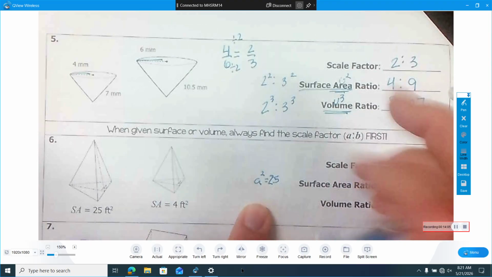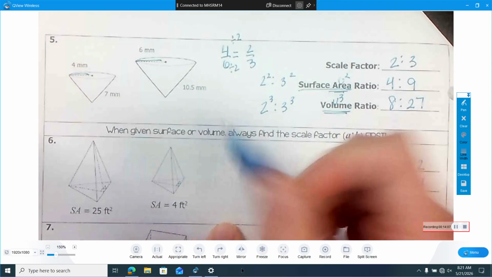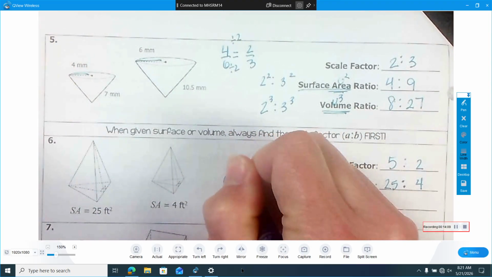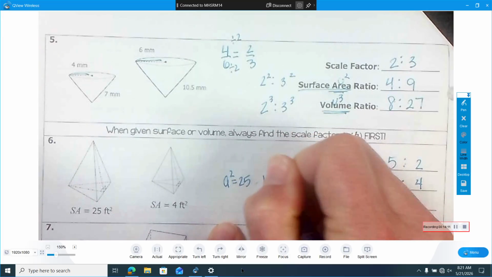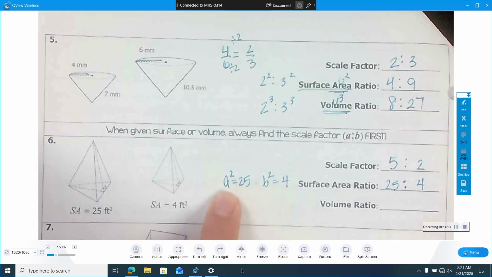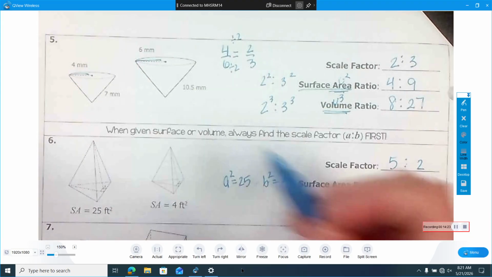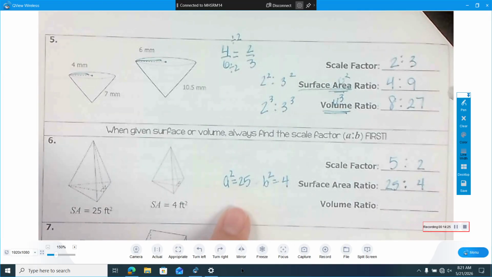So it's saying A squared was 25 and B squared equals 4. What number squared is 25? Well, it's 5. And what number squared is 4? So we can get it a lot of different ways. We could square root, or we can just think about it a little bit.